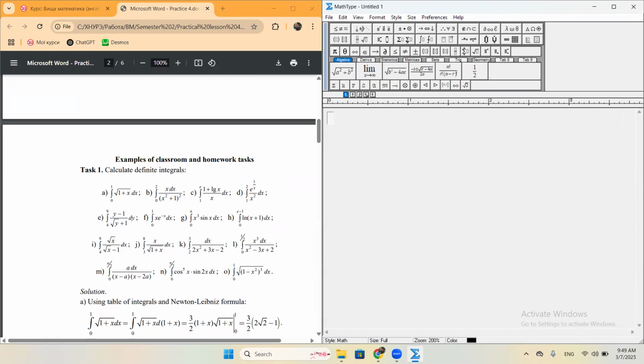Okay, let's move to E. The following integral, from 4 to 9. Here is the variable y, but anyway, it doesn't matter how it is called.